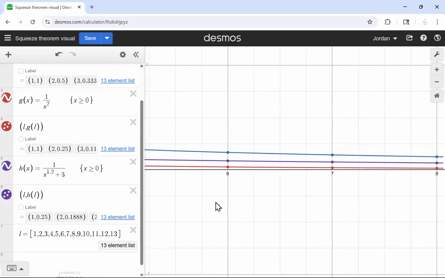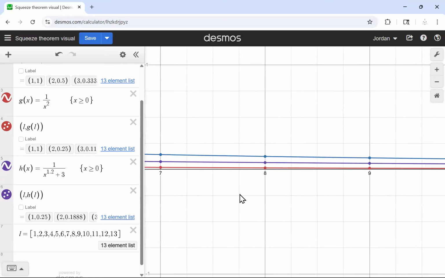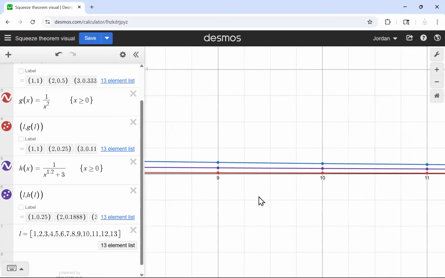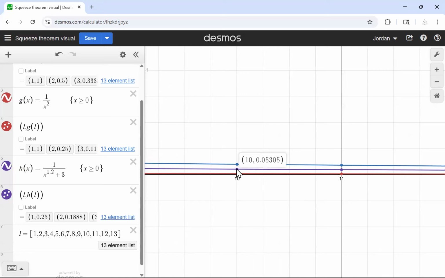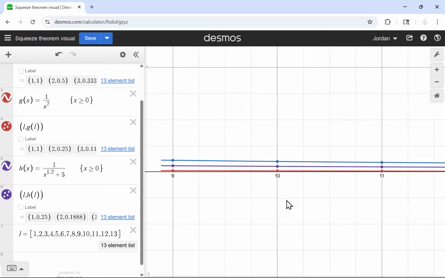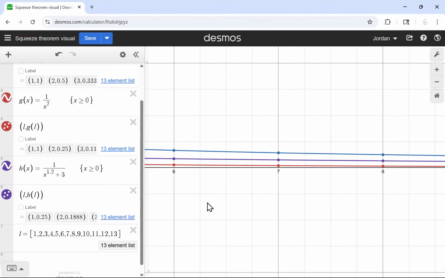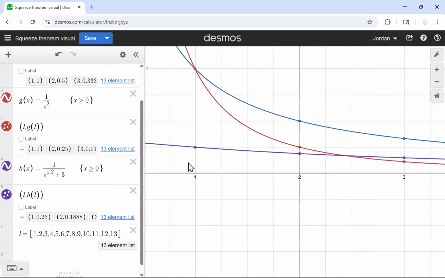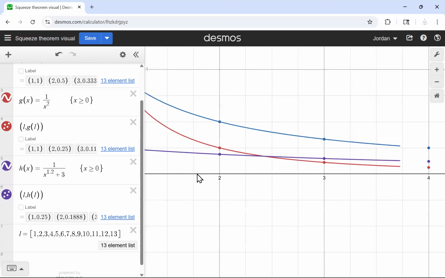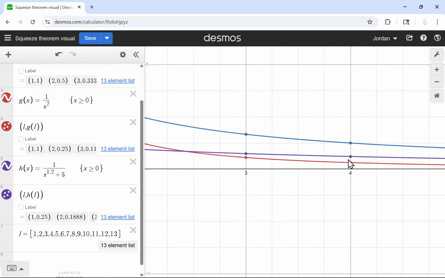So if I know that the other two both have a limit of 0, then I know the in-between sequence also has to have limit of 0. Even though it might not originally start out in between for the first couple of terms, by the time we get to the third term, it's always in between.